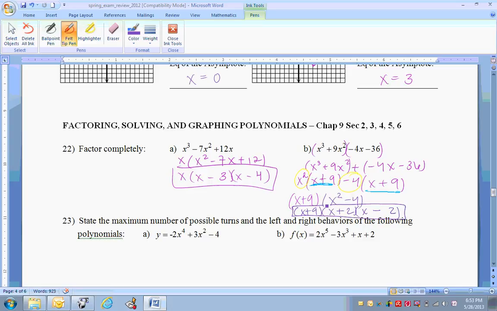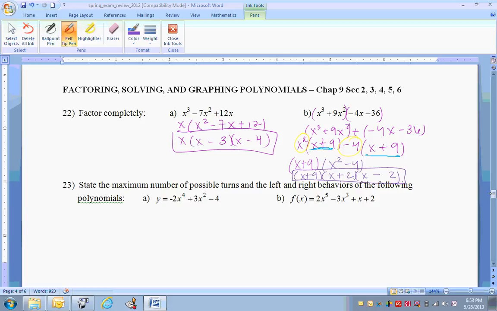Okay, on 23, they're asking us to state the maximum number of possible turns and the left-right behaviors of the following polynomials. To state the maximum number of turns, we look at the highest exponent, and in part A, that's 4. Max turns is always the highest exponent minus 1. So in this case, it's 4 minus 1, so 3 turns is the max.